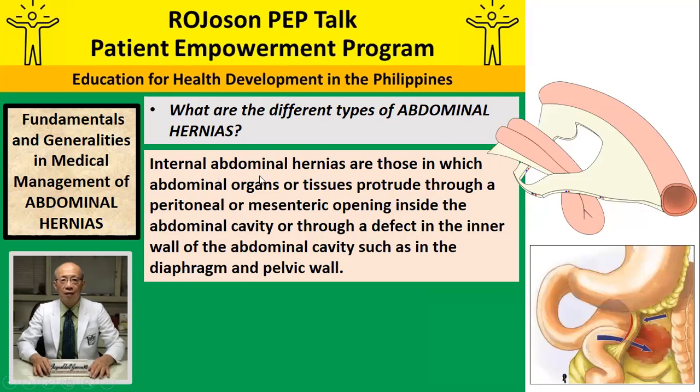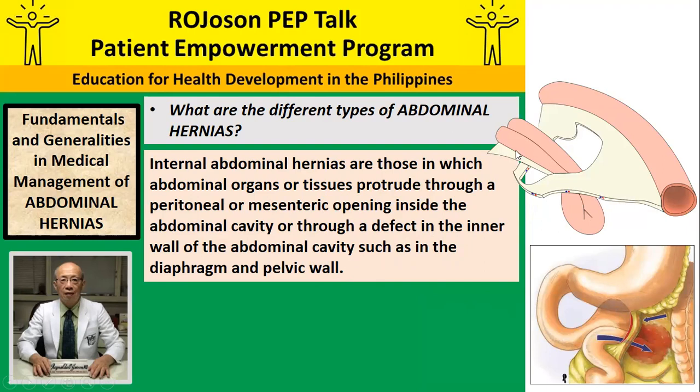Internal abdominal hernias are those in which the abdominal organs or tissues protrude through a peritoneal or mesenteric opening inside the abdominal cavity or through a defect in the inner wall of the abdominal cavity, such as the diaphragm and pelvic wall. So these internal hernias are not usually seen from the outside.